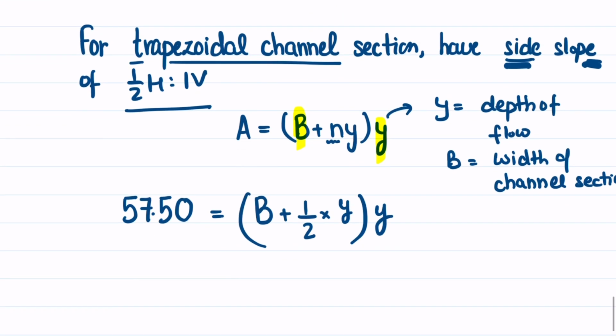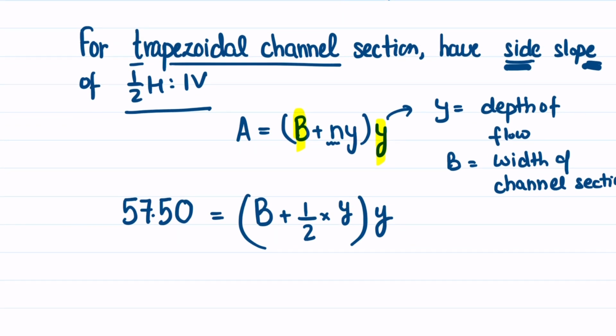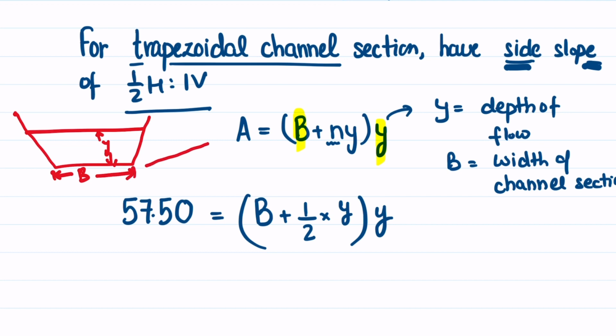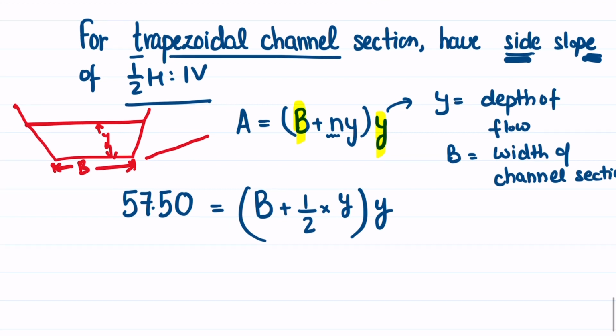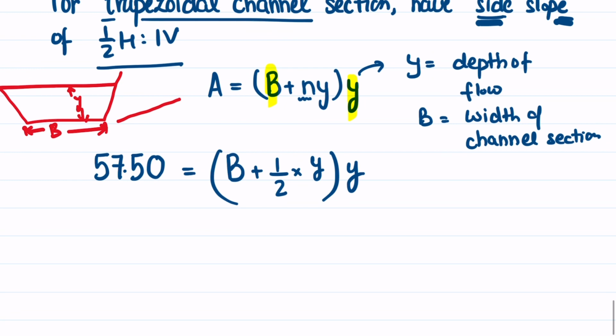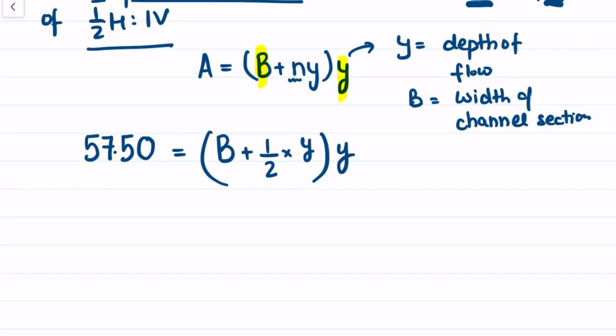Now what remains is the depth of flow as well as the width, and after that the bed slope. So that's why we are now finding the b and y values. First we used the formula for area, so this is our equation 1.